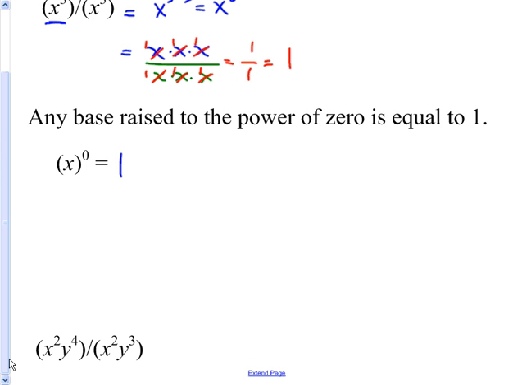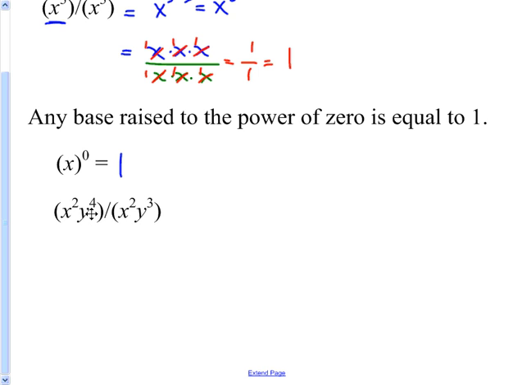Okay. So now how does that tie in with something like this? Let me just rewrite it: x squared y to the 4th over x squared y to the 3rd. Now remember what we would do here, those 2 x's on the top, 2 x's on the bottom, they're going to cancel each other out. Now if I was just following my exponent rules though, I get x to the 0, y to the 1.